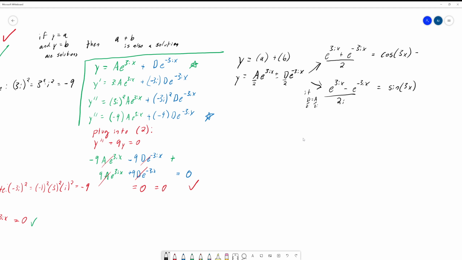Okay, so that means that this is a solution, and also this is a solution, and so again, from this principle here, we get that y equals cosine of 3x plus sine of 3x is our solution, and we need to have some unspecified constants here, and I'm going to reuse constants, but let's just say a and b. Okay, so this should be the solution to 2.